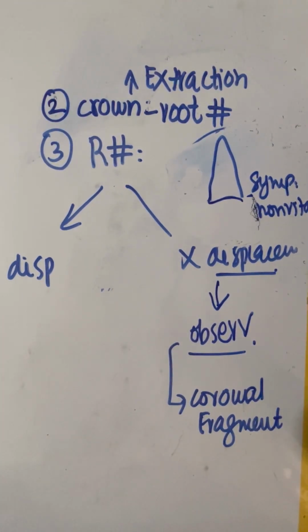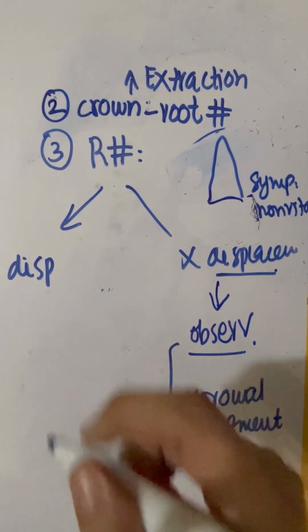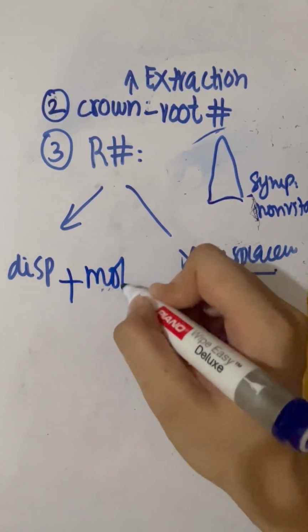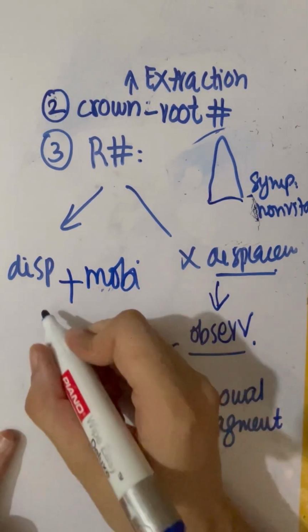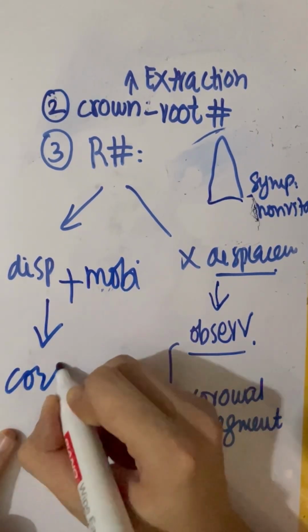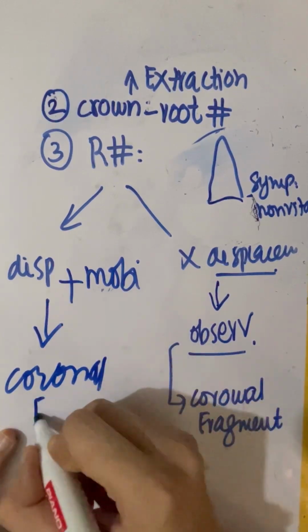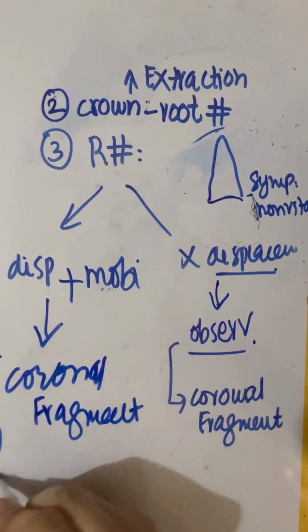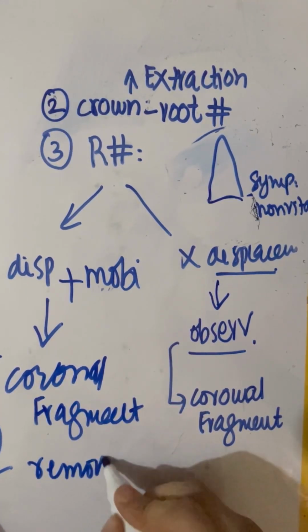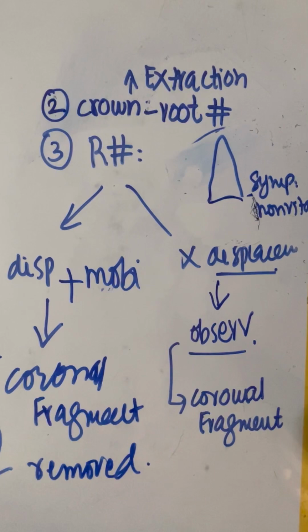Then to displacement: if there is displacement with mobility, we will again remove only the coronal fragment, because the root will resorb on its own. So this was the third type of injury. These all were the hard tissue injuries.